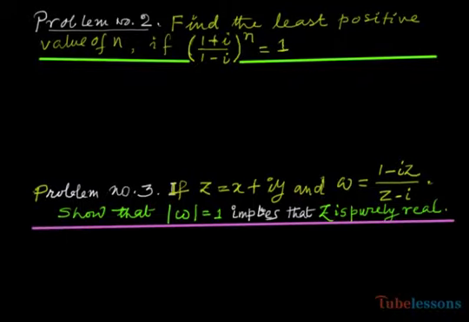Our next problem is, find the least positive value of n if ((1 plus i) by (1 minus i)) whole to the power n is equal to 1. First we simplify (1 plus i) by (1 minus i).